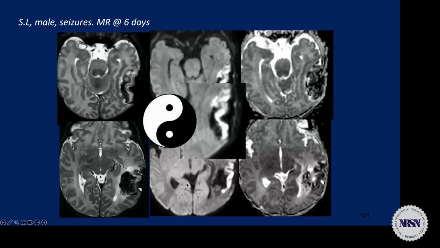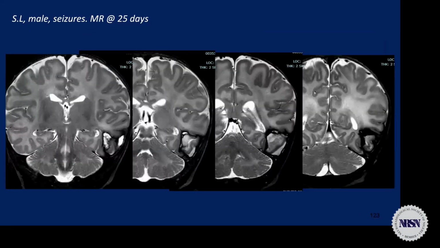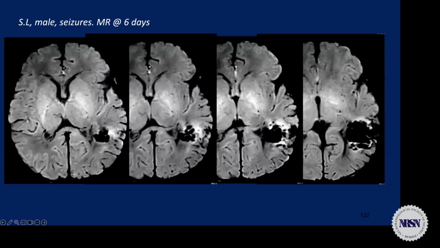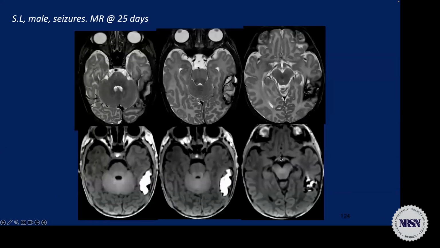This sign is called by some the yin-yang sign. You can see the yin and yang facing, and on the susceptibility weighted image you can appreciate very well the presence of blood. Once again, the end stage, in which there is damage of the cortex that is very evident here, and also in the subcortical white matter.